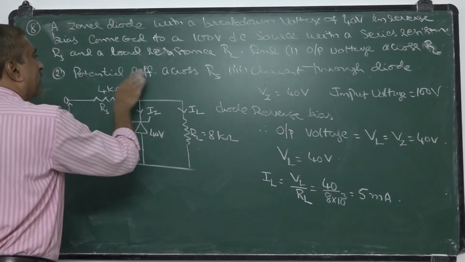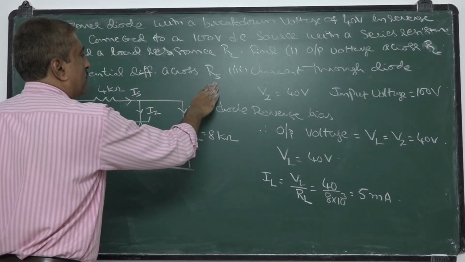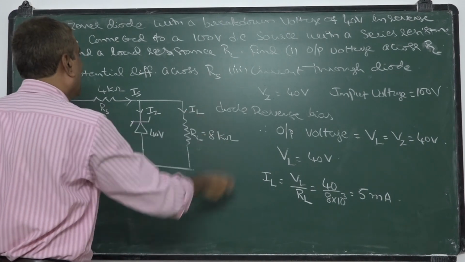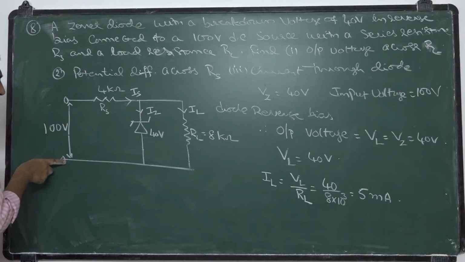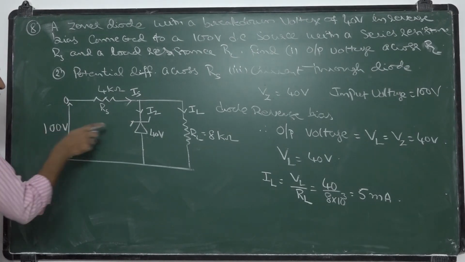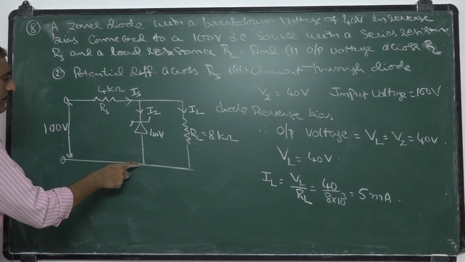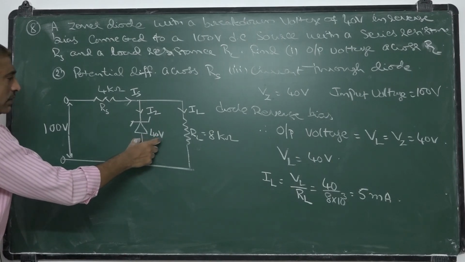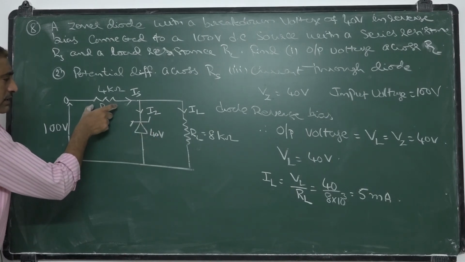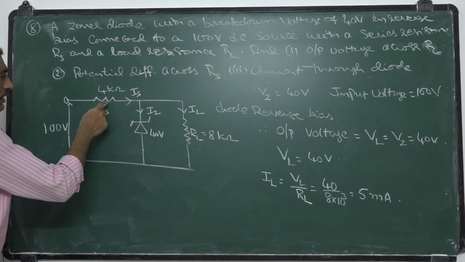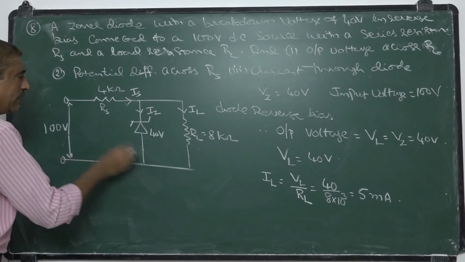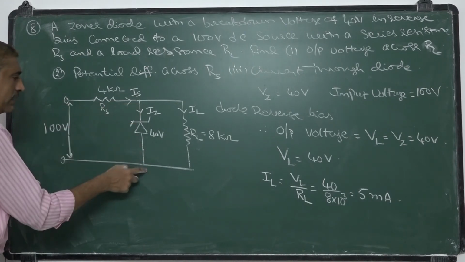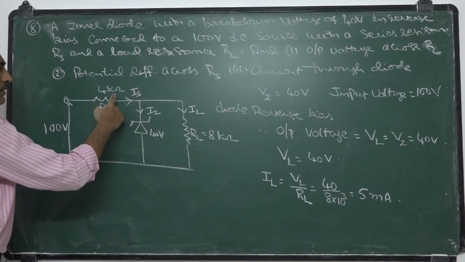Next. Now the potential difference across RS. Okay. Now the potential difference across the RS is, you see, this is 100 volt DC, and here if you consider like this, so this is 40 volt. So the remaining potential difference across this is 100 minus 40. The total potential difference is 100 from this end to this end. Here it is 40. So the remaining will be 60.